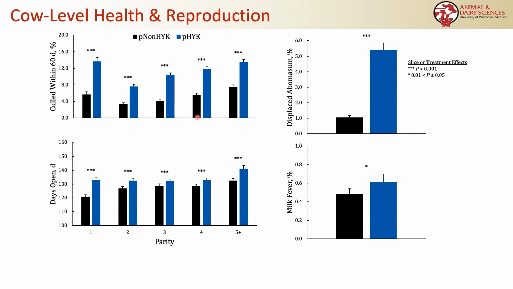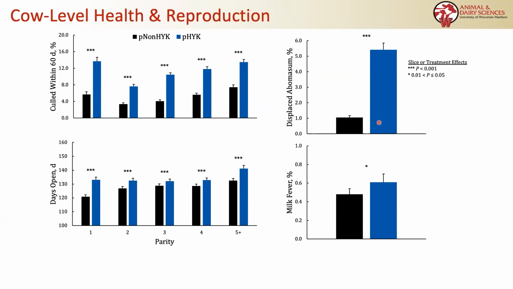We looked at the reasons listed by the farm, and the most common reason, or the reason that had the biggest difference, was health, illness, depending on how that was reported. But there was also an influence of reproductive efficiency. So here on the bottom, we have days open, and you could see that the days open were significantly greater for cows predicted to have hyperketonemia.